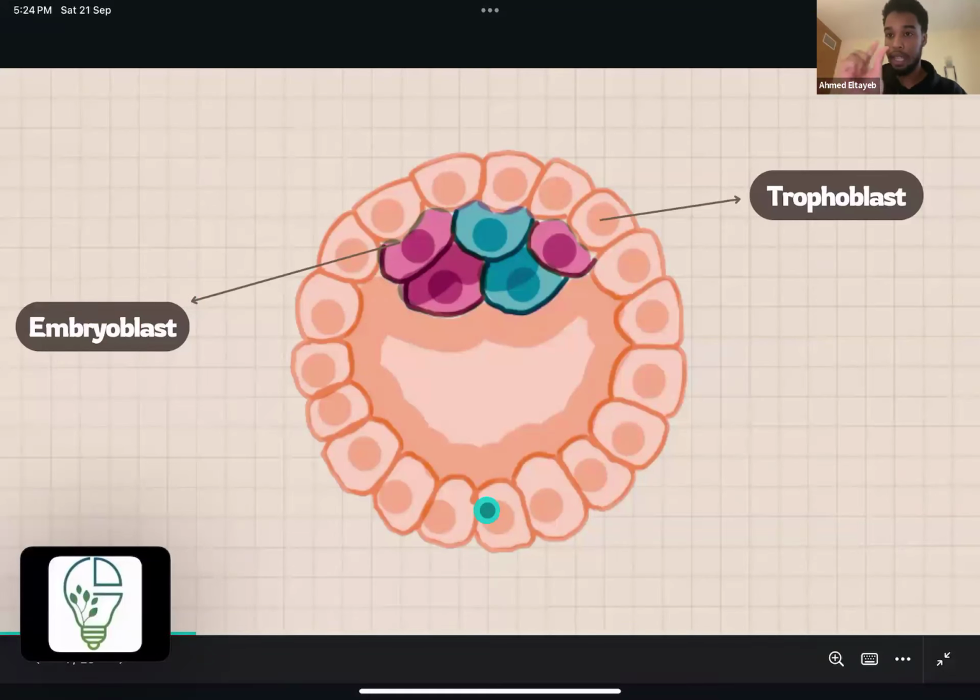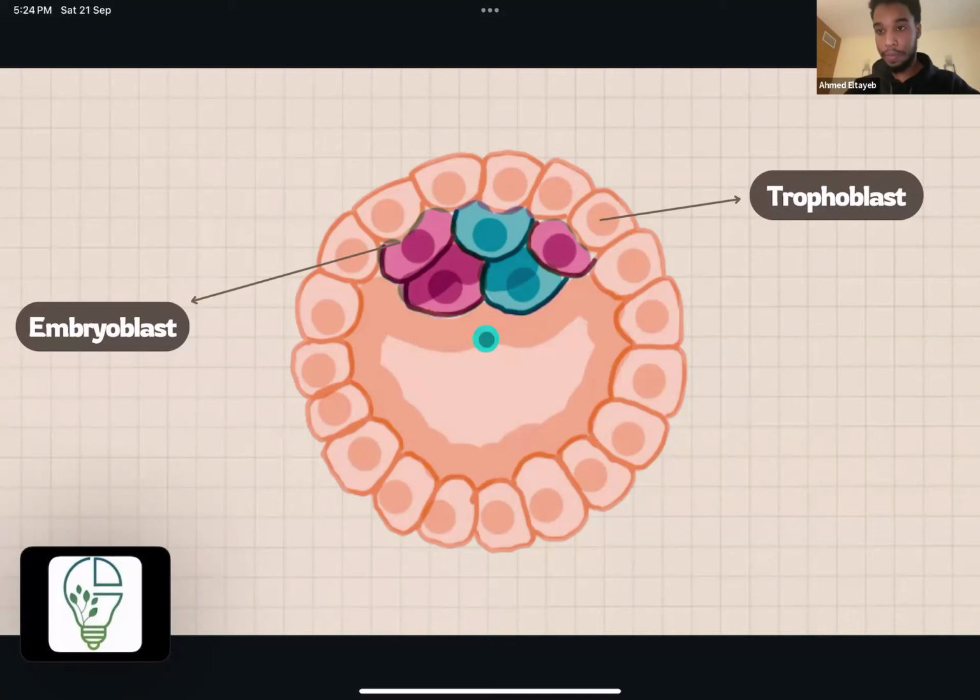The embryoblast is the inner cell mass and the trophoblast is the outer cell mass, okay? So this cavity that is next to the embryoblast, or the inner cell mass, is the blastocystic cavity, okay?